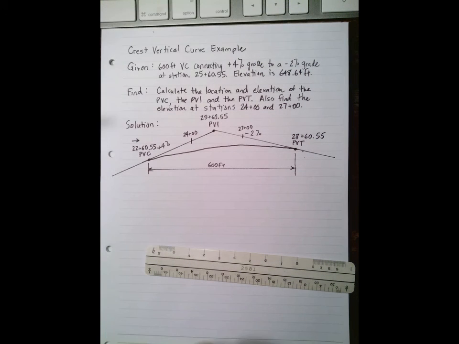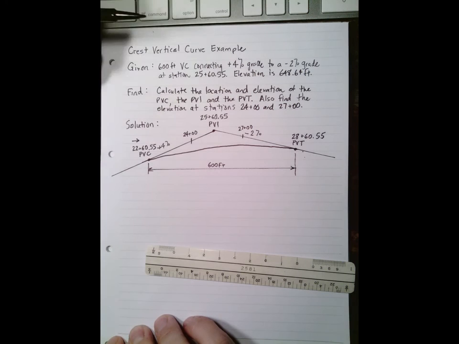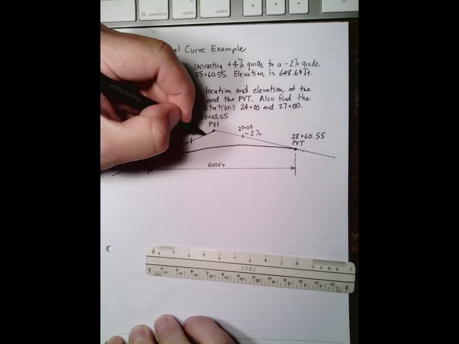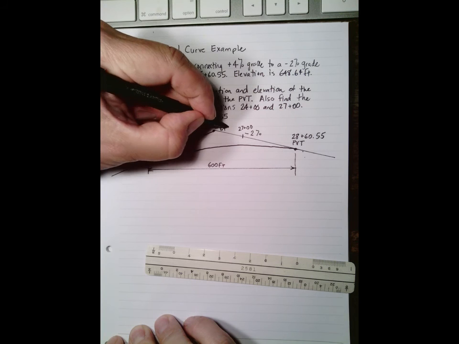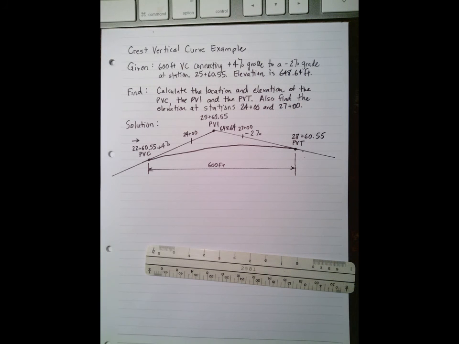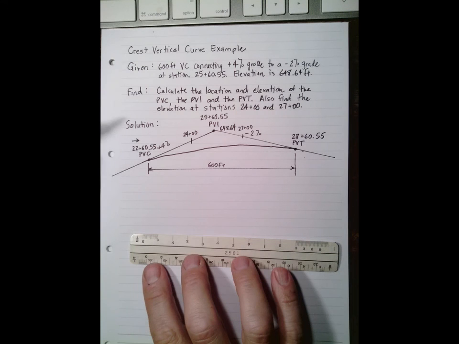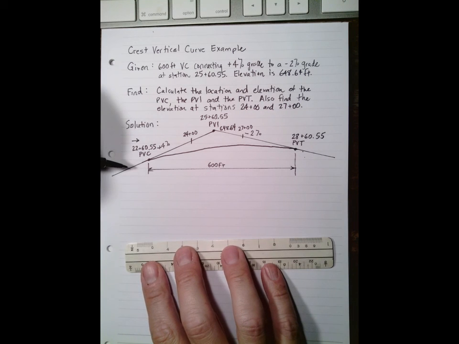So there are a couple things that we want to do. We know the elevation of the PVI is 648.64. So the question I have is, can we calculate any other elevations? And in fact, yes, we can.